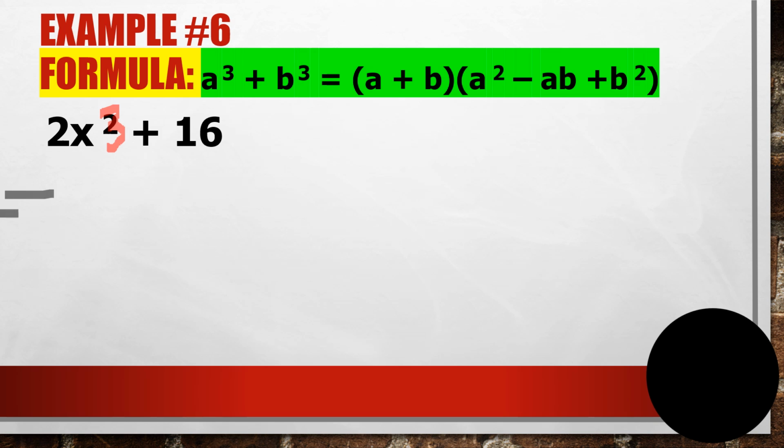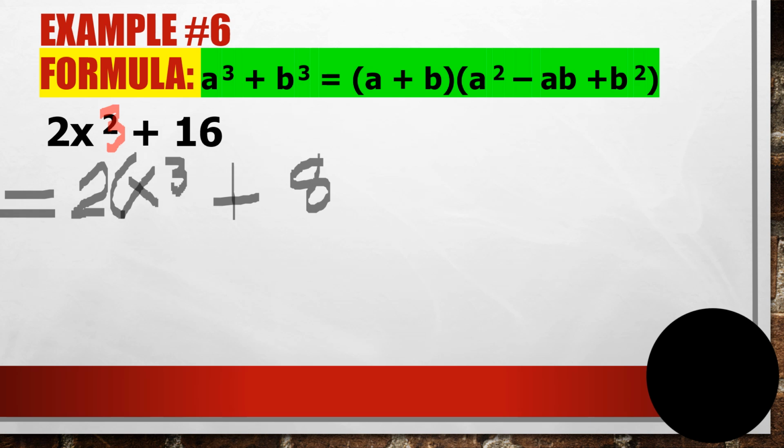Okay, now the GCF of 2x cubed plus 16 is 2. Only 2. There is no variable. It's because 16 has no variable. So therefore, the remaining factor is x cubed plus 8. Close. Alright. As you can see, this one we can solve it now using the sum of two cubes.